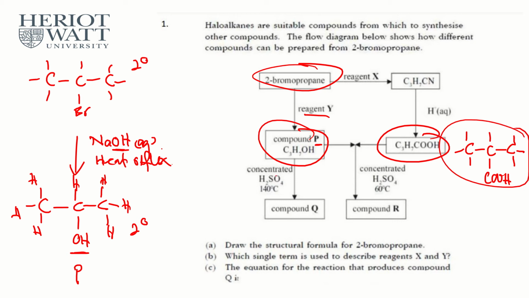Okay, and then both combine, you will get compound R, right? So now let's check what happened. P is an alcohol, another compound is a carboxylic acid. All right, so it's quite obvious now. It is an esterification reaction. So to form ester, an alcohol with a carboxylic acid forming ester.